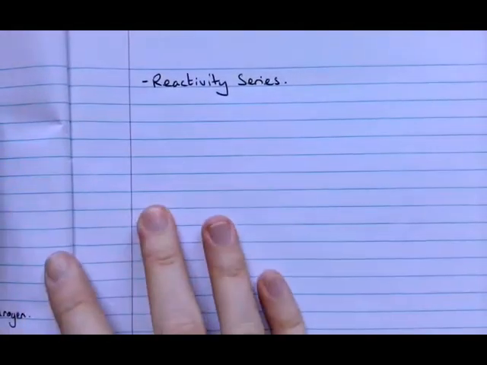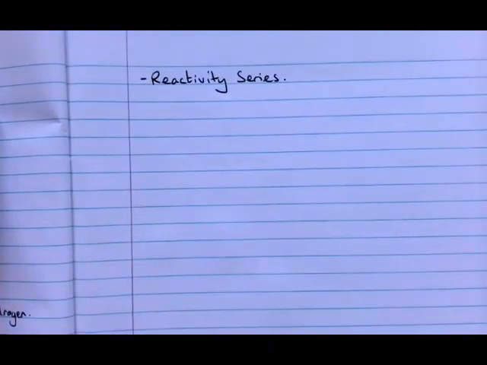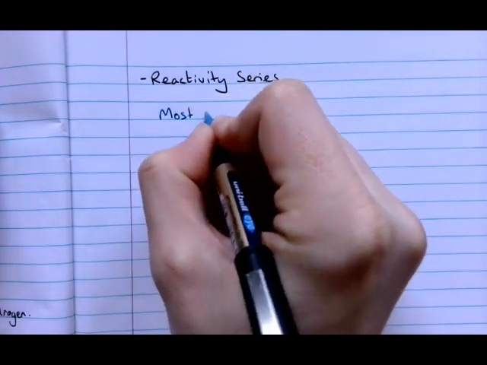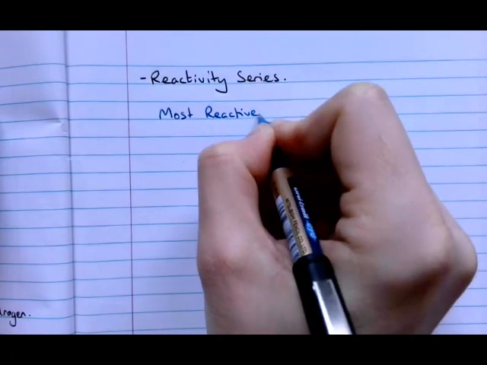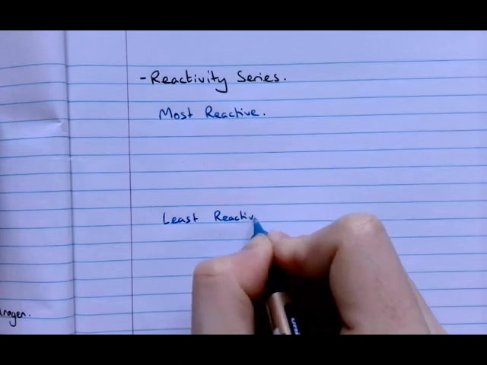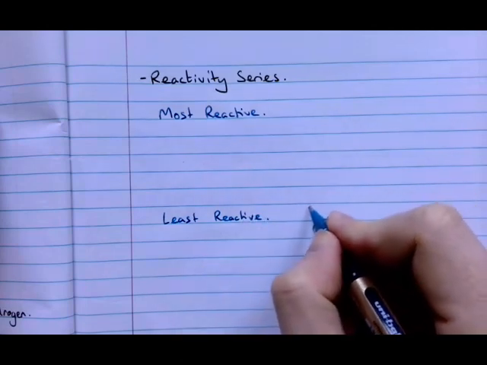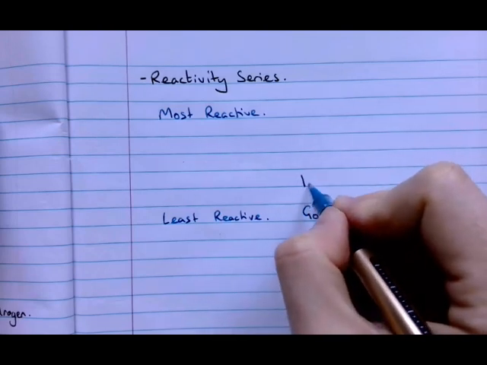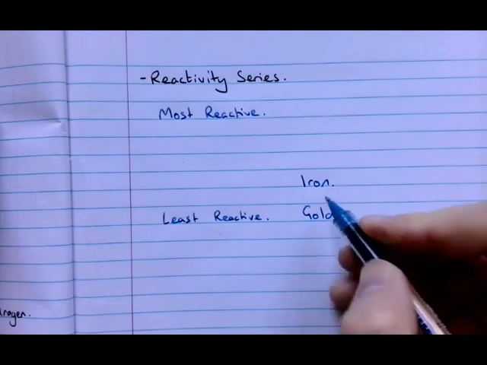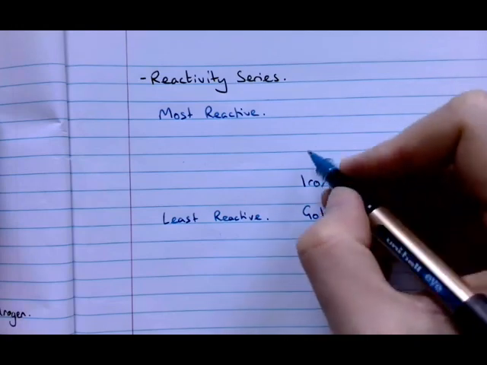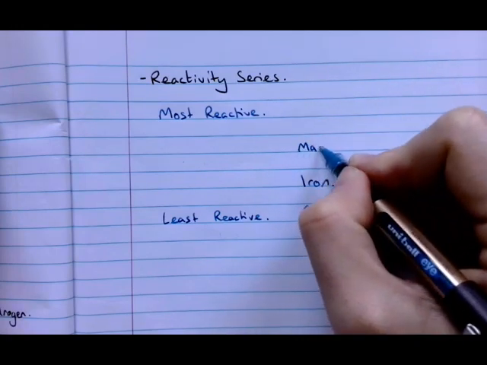Okay. So what that means is we can have a reactivity series, where we can put at the top the most reactive metals, and at the bottom we can put the least reactive. Right down at the bottom are going to be things like gold and things like iron. So things you make jewelry out of, things you use to make buildings. But then as you move up, you're going to get more reactive metals like magnesium.